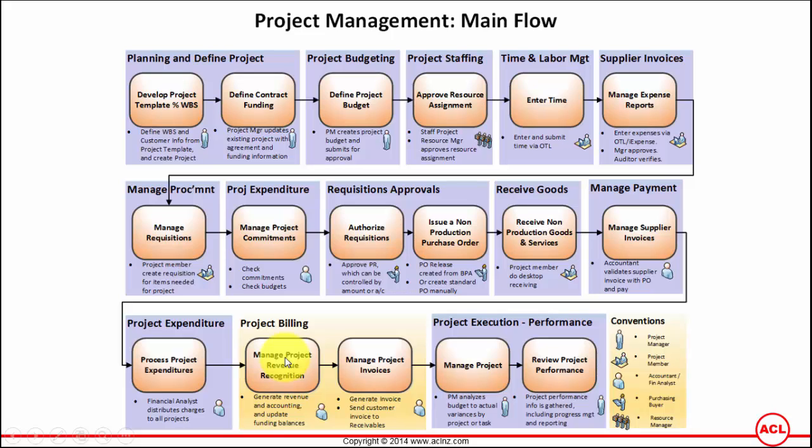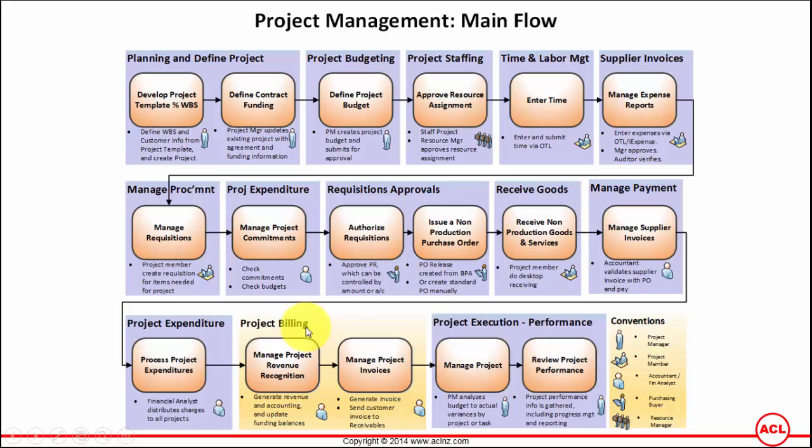And once a customer makes a payment, then the invoice payment can be matched to the invoice to reduce the balance, and it can then be brought back into project billing, and that payment would be reflected against the project invoice, and the whole loop will get closed then.